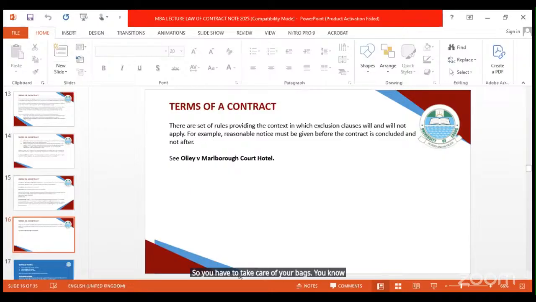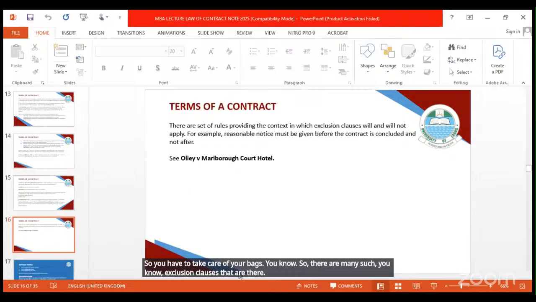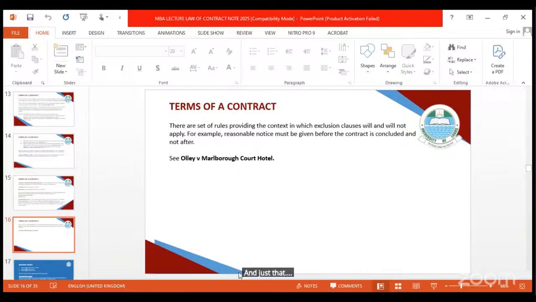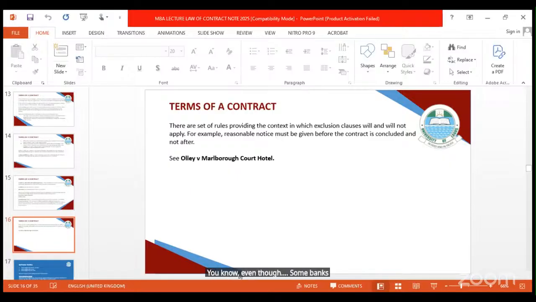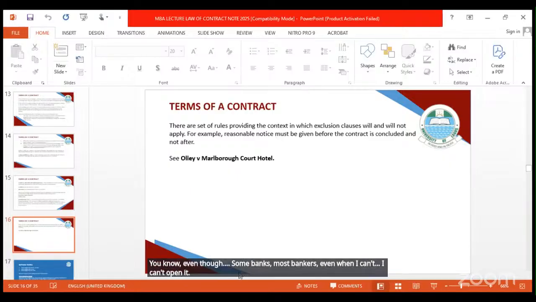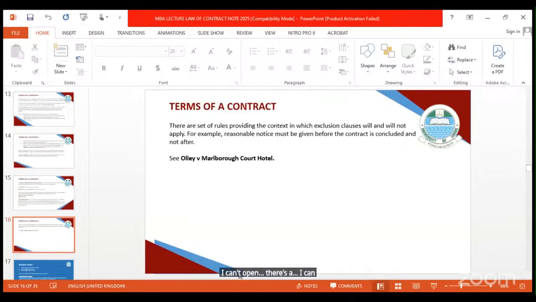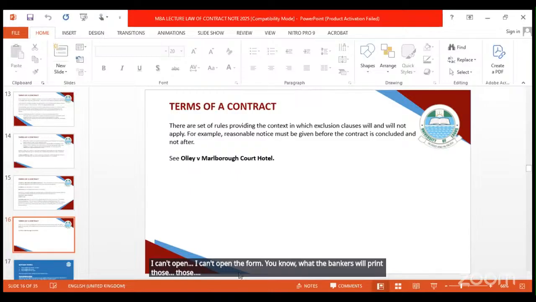So there are many such exclusion clauses, and those limiting clauses should be in such a way that the parties are aware of them at the time they're negotiating, not hidden. Even with most bankers, there's an account opening form where the bankers print those terms in very tiny print that you cannot even read.